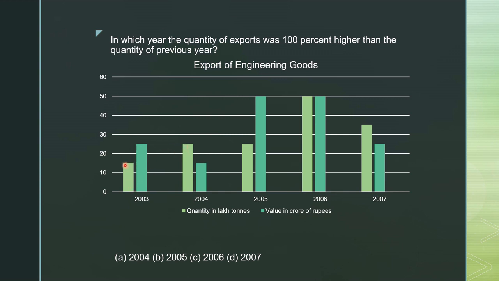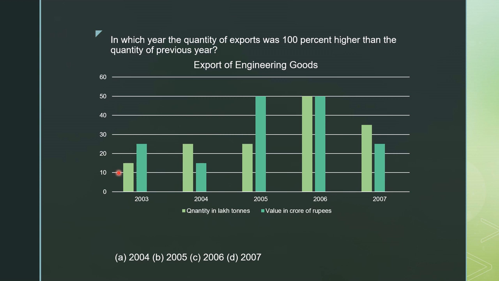In 2003 it was 15, and in 2004 it was 25. So the value is increasing value. So the percentage calculation, how we calculate the percentage value? That means final value minus initial value divided by initial value. 25 minus 15 divided by 15 into 100.